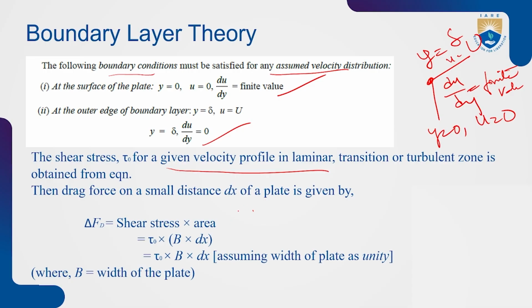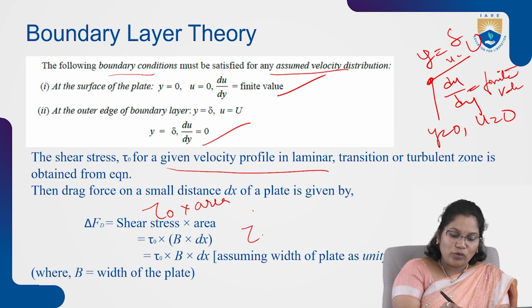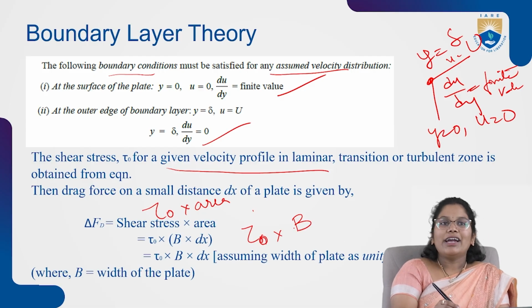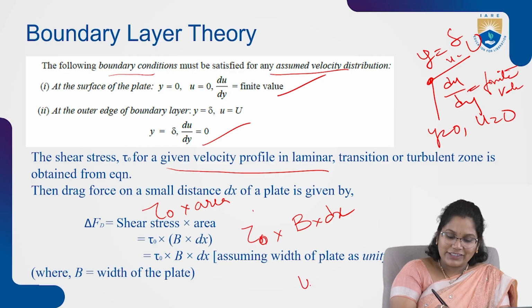What is that equation? Shear stress into area is drag force, tau naught into B into dx, where B is the width of the plate. Here the width of the plate we are taking as a unit, that is B is equal to 1.